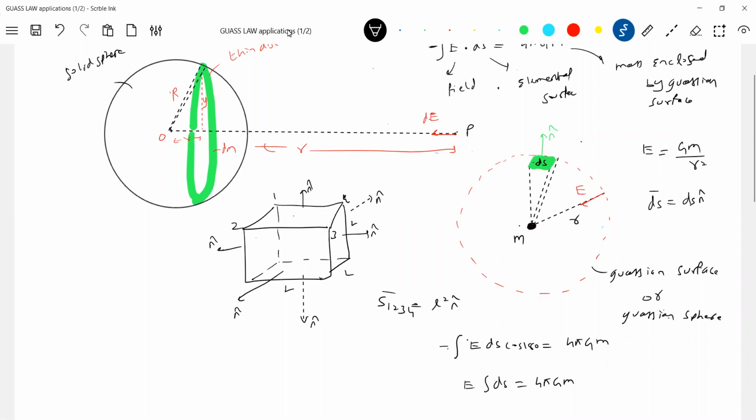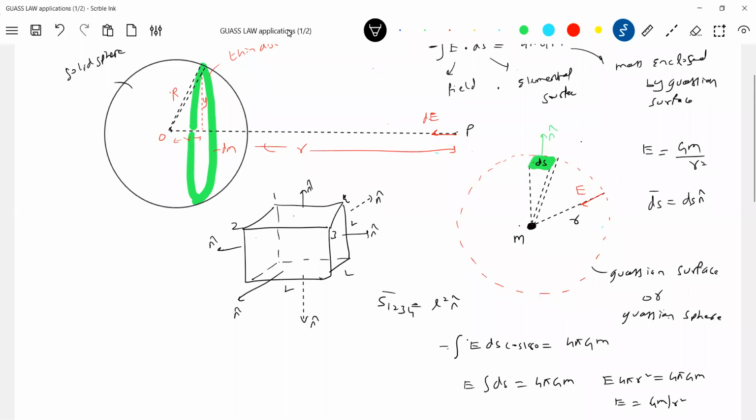If I add all the elemental surfaces, what do I get? I get the surface area of a sphere. So the LHS becomes 4 pi r square. So what have we obtained? We got the gravitational field strength due to a point mass, which is Gm over r square. This is the method of finding it.